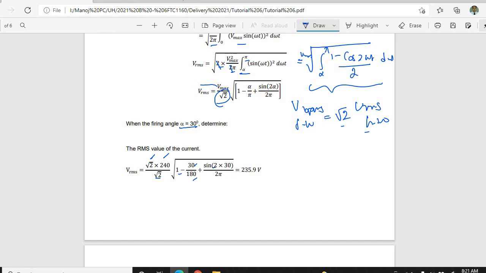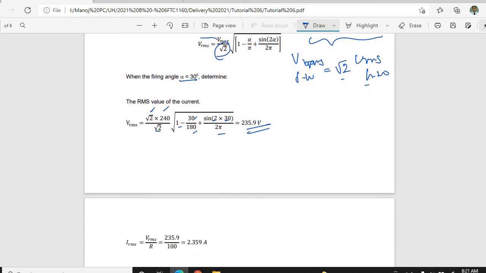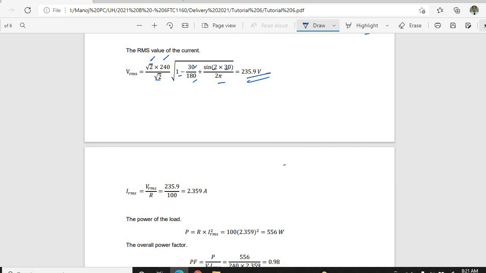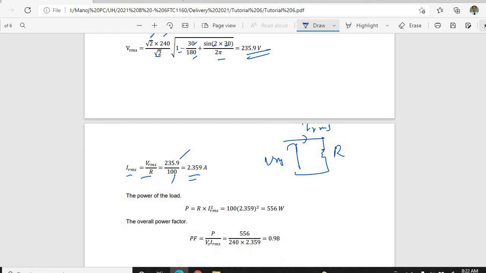With sine 2α over 2π, you will get 235.9 volts. IRMS equals VRMS divided by R, so 235.9 divided by 100, 2.359 amperes.